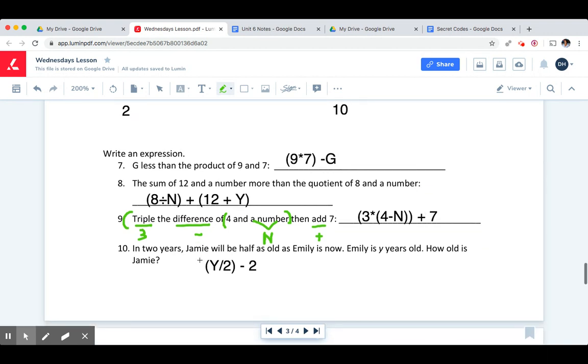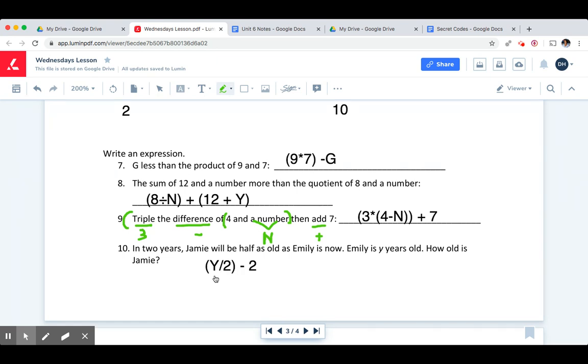For number 10, in 2 years, Jamie will be half as old as Emily is now. Emily is y years old. How old is Jamie? Well, it tells us that Jamie will be half as old as Emily is now in 2 years. So, in order to get Jamie's age currently, I will need to take Emily's age and divide it by 2.